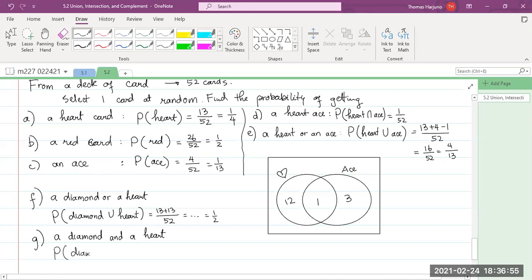Probability of diamond intersection heart.